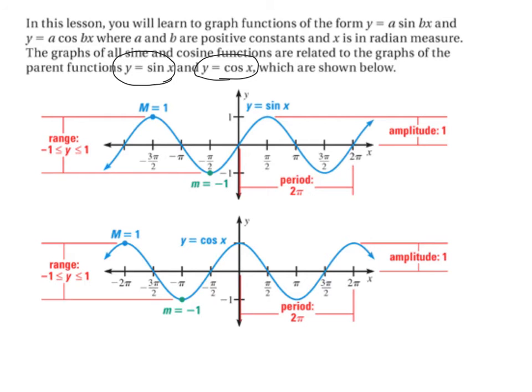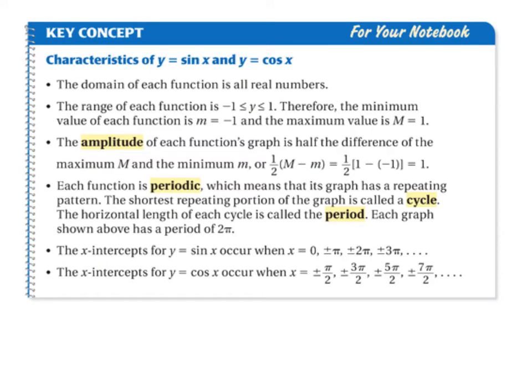Awesome. Alright, to summarize, the domain of each function is all real numbers. If you remember, domain is the input, or the x values. The range of each function is -1 to 1. The minimum value of each function is little m equals -1.